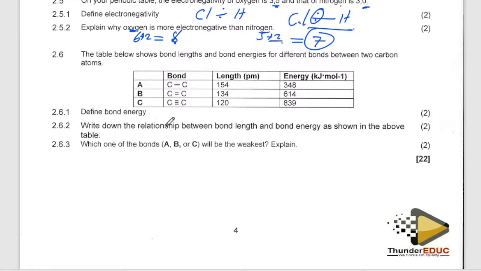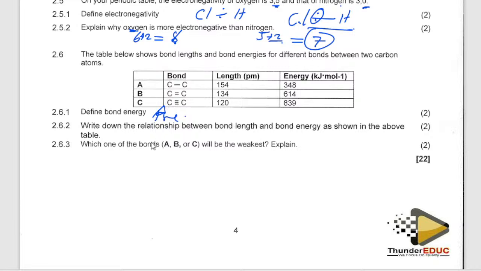They're saying, define bond energy. Basically, when you talk about bond energy, we have different definitions depending on what your teachers taught you. But in actual sense, bond energy is the measure of the bond strength. Meaning that if the bond energy is high, the strength of that bond is also going to be high.